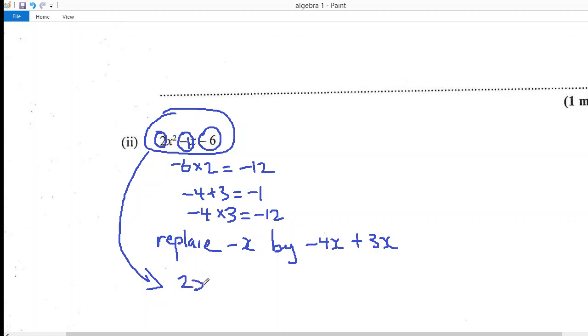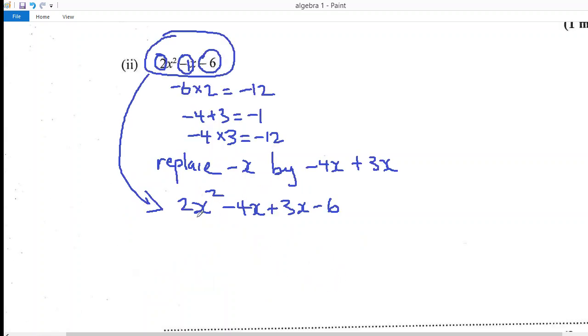So we'll get 2x squared minus 4x plus 3x minus 6. Now we factorize. First two terms, we take out the HCF, which is 2x. HCF means highest common factor. 2x into 2x squared will give x, subtract 2x into 4x will give 2.